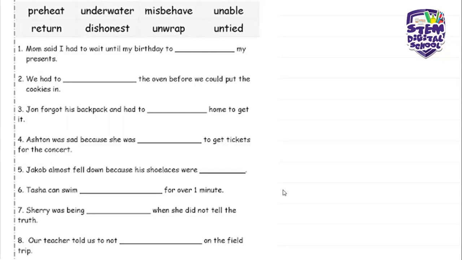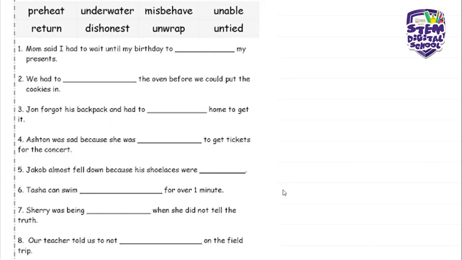Okay, the next one, John forgot his backpack and had to what home to get it. Return. To return home to get it. Yes, that is correct. Okay, the next one.